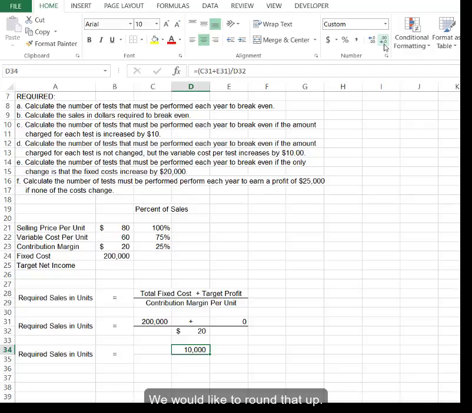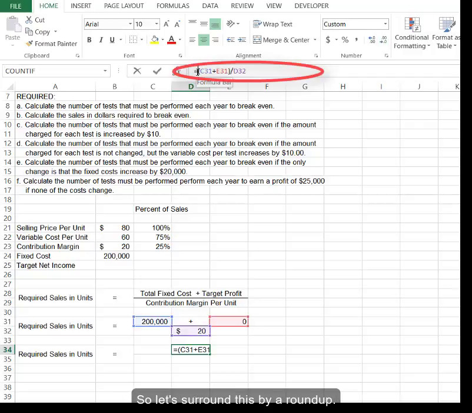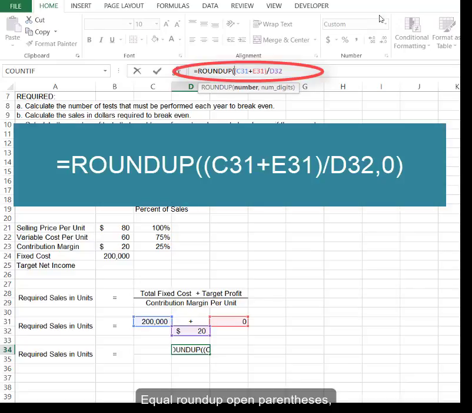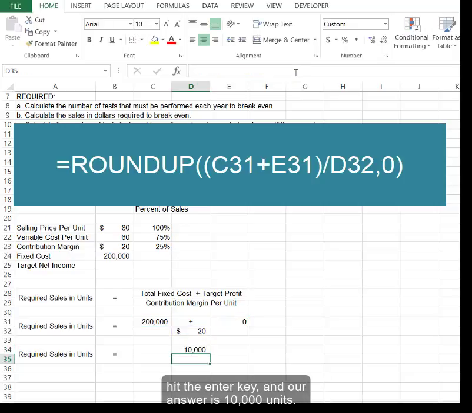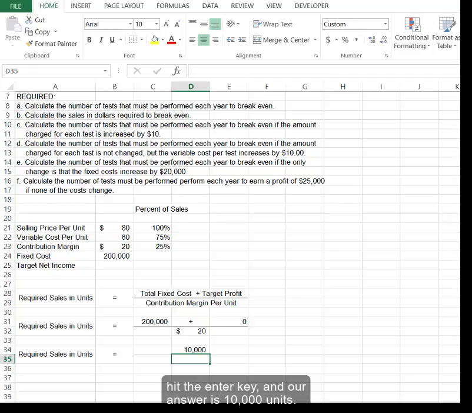We would like to round that up. So let's surround this by a round up. Equal, round up, open parentheses, at the end, comma, I do not want any decimal places, 0 places to the right, hit the enter key, and our answer is 10,000 units. And that's the answer to A.